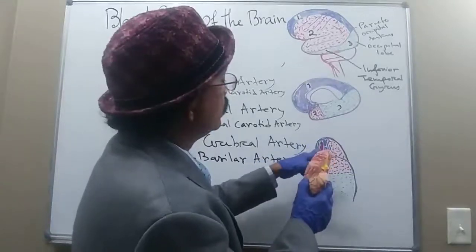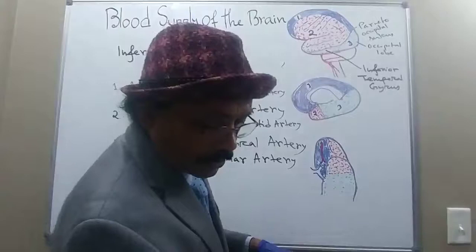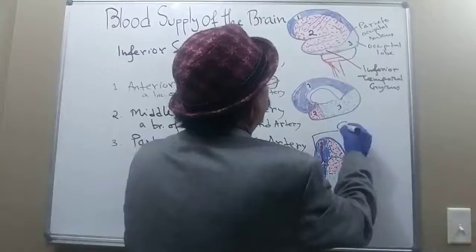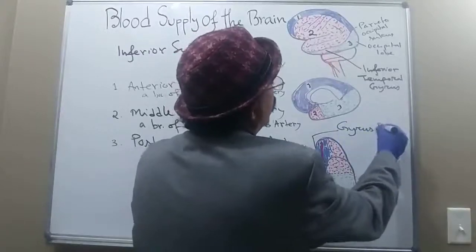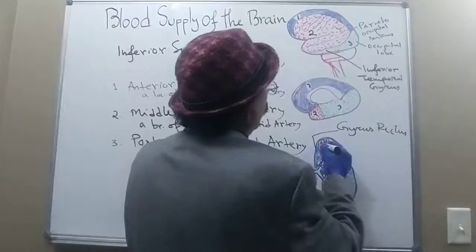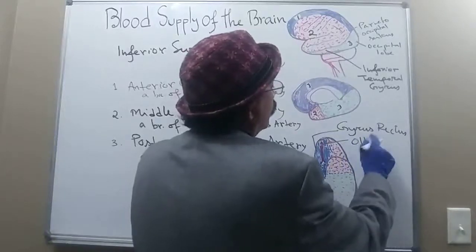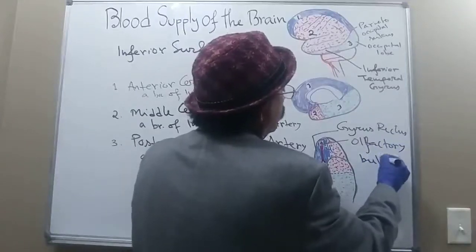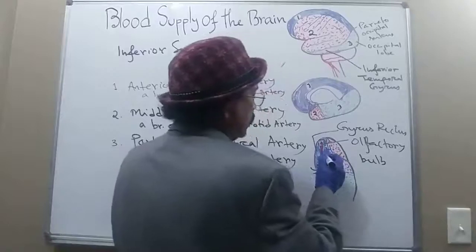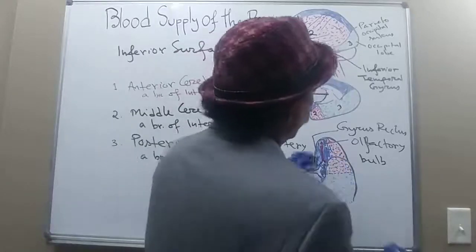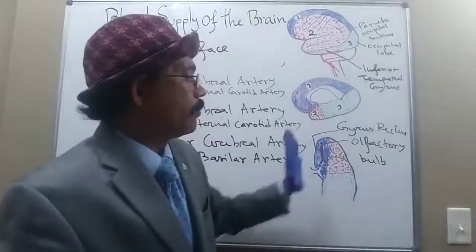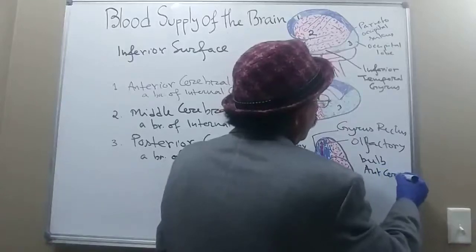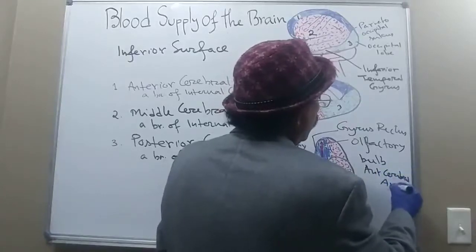This is the olfactory bulb, and the olfactory tract, in the olfactory sulcus. This area is supplied by the anterior cerebral artery.